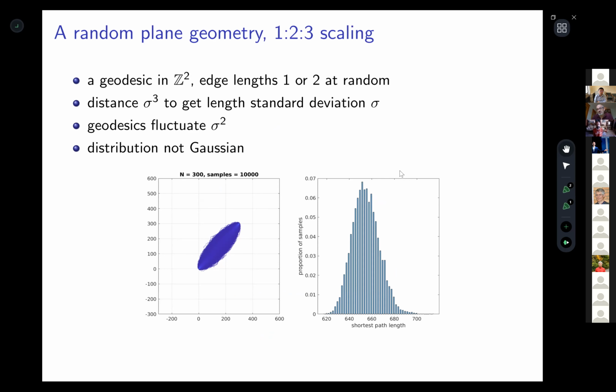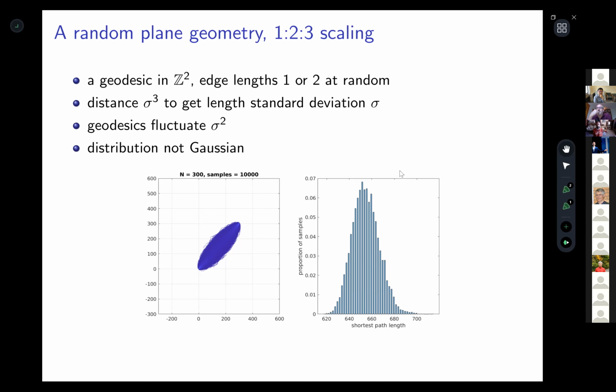So there is already a strange exponent 3. Then you draw geodesics, the shortest paths between (0,0) and a point at distance sigma cubed, and you see what this path looks like. Unlike in other geometries, this path actually looks fairly straight.